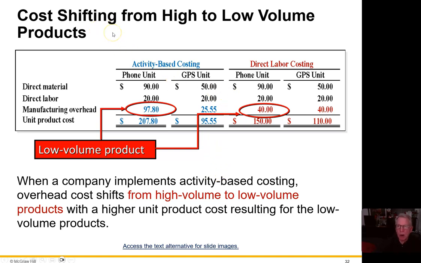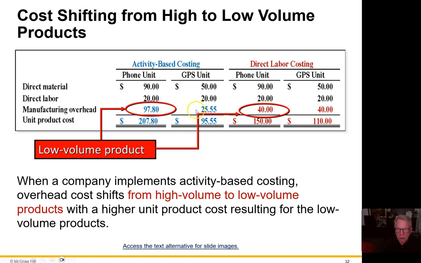Okay. Now, what you see here is a general rule that says costs will shift from the high volume to the low volume products using activity-based costing. So the low volume product in this case was the phone unit, and the higher one was the GPS unit.